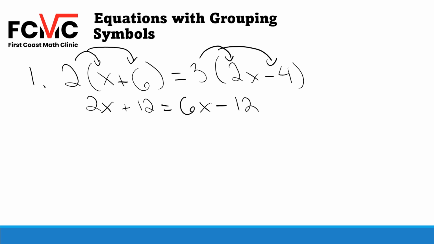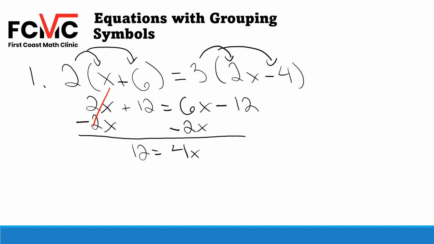Let's combine our x's. So I'm going to move the 2x to the right, so I'm going to subtract 2x and subtract 2x. So the 2x's cancel out on the left. I've got 12 equals 4x minus 12. Now let's move this 12 from the right to the left, so I'm going to add 12 and add 12.